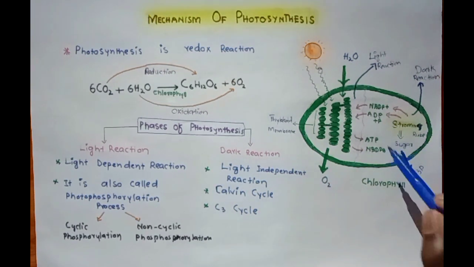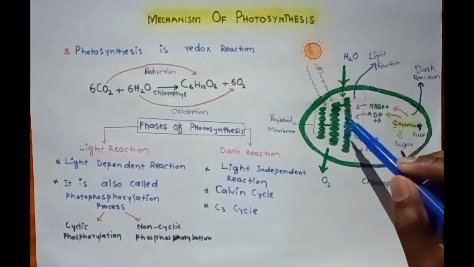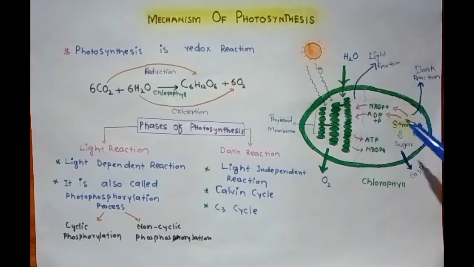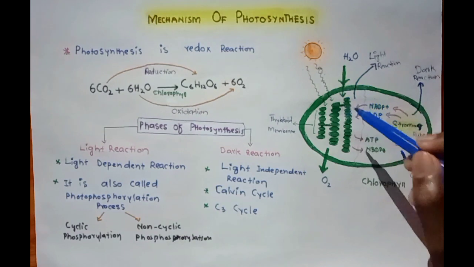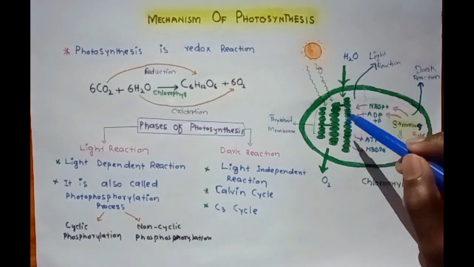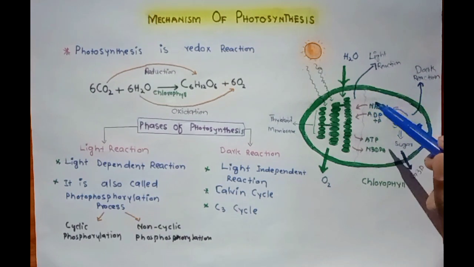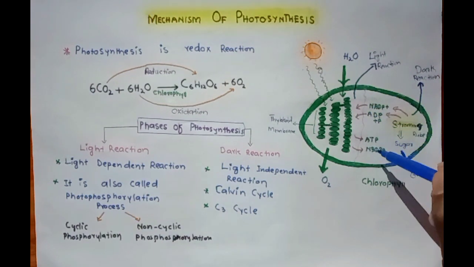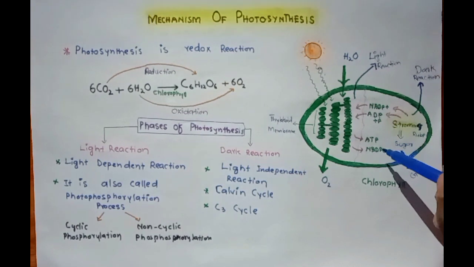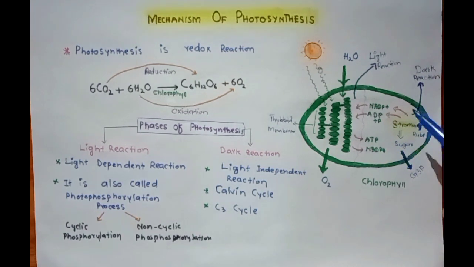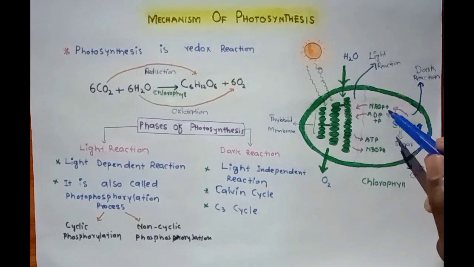Here is the structure of the chloroplast. These are the thylakoid membranes, and the remaining space is the stroma. When light falls on the thylakoid membrane, they use water and carbon dioxide and make ATP and NADPH. That ATP and NADPH are utilized in the stroma, that is the dark reaction, where NADPH is reduced to form NADP.